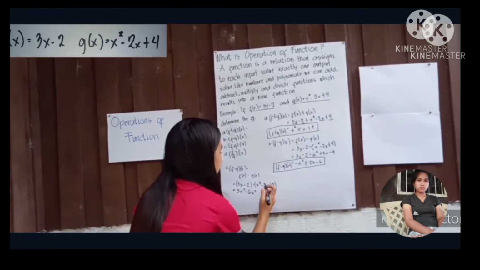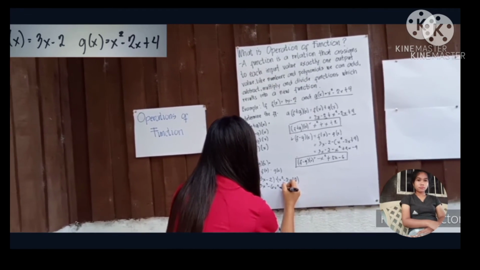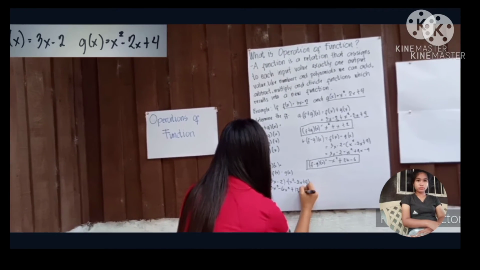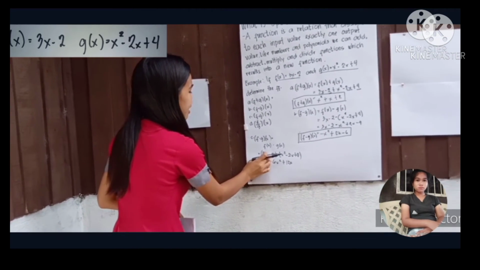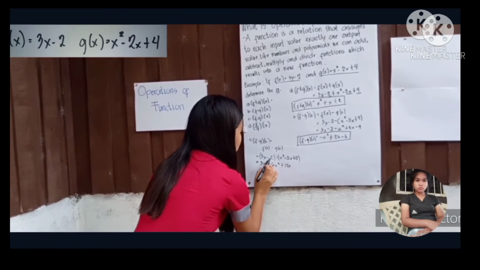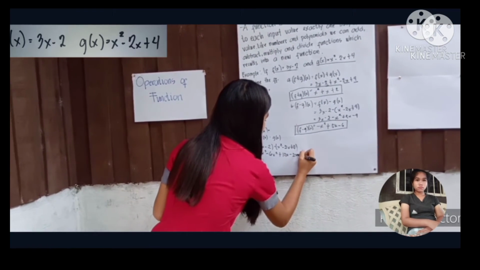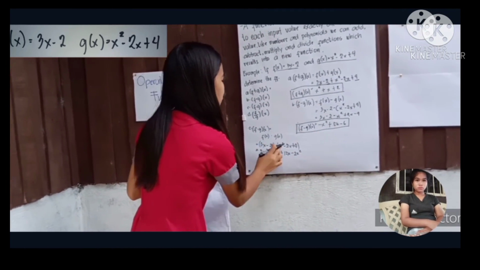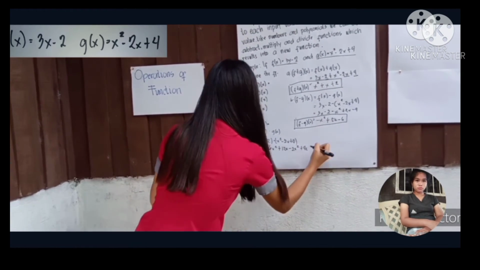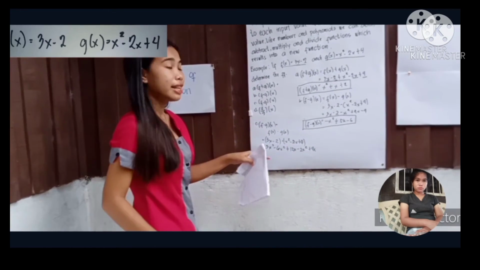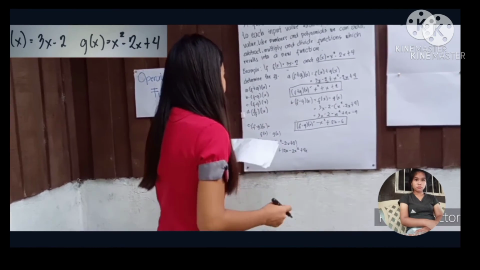Then, 3x times positive 4 is positive 12x. Next, the inner: negative 2 times x squared is negative 2x squared. Then, negative 2 times negative 2x is positive 4x. Then, negative 2 times positive 4 is negative 8.